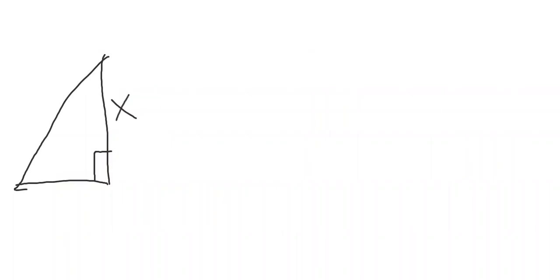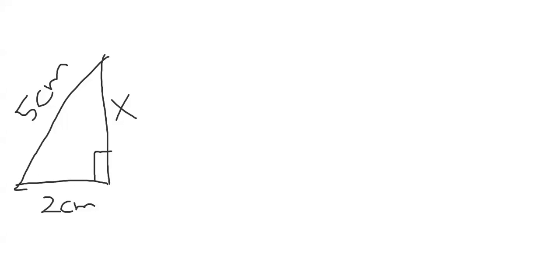So let me take the last example. Let me say we have a triangle like this. It's still a right angle triangle. Then let's look for x. This time let's look for b. Let's say here we have 2 centimeters. And then let's say this side we have 5 centimeters.